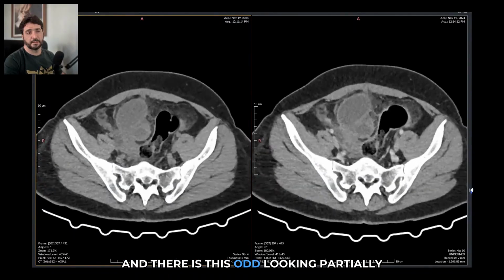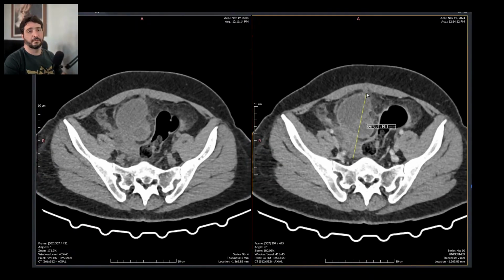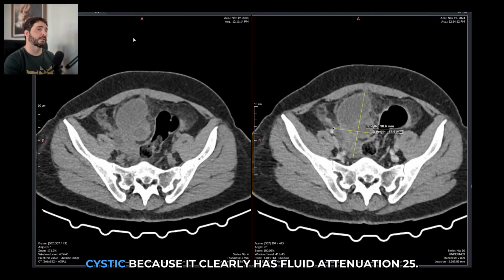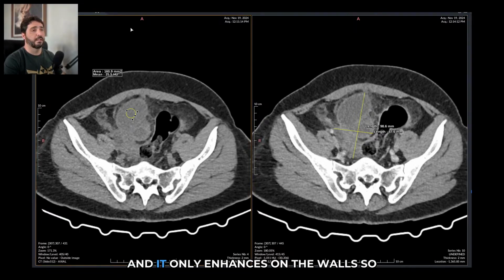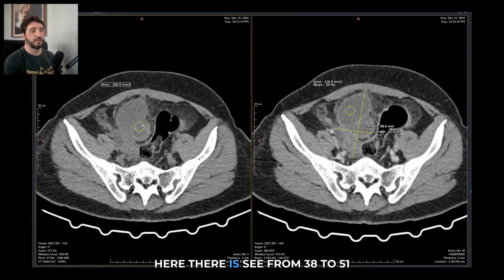and there is this odd looking partially cystic lesion right there. I say it's partially cystic because it clearly has fluid attenuation, 25, and it only enhances on the walls. So there is enhancement right there. See, no enhancement here. There is, see, from 38 to 51.